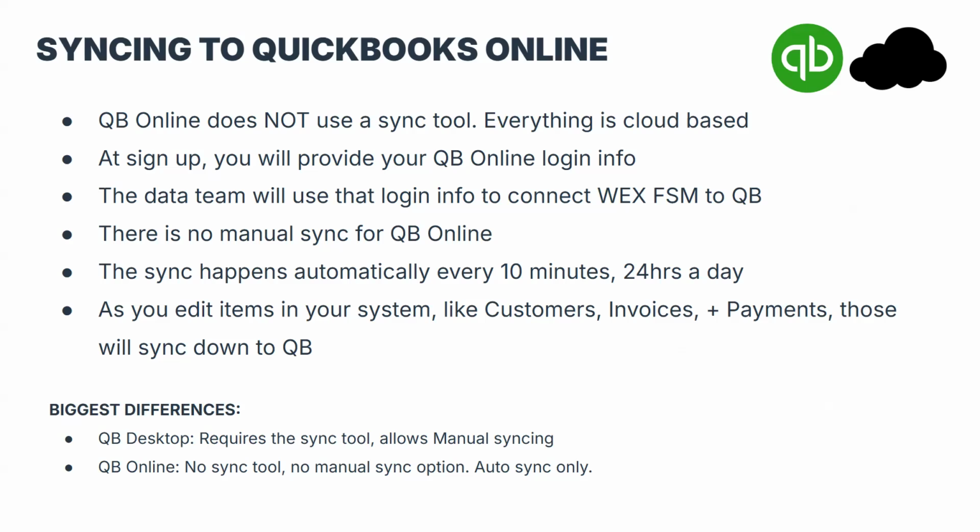So let's say that you are having a crazy busy day of updating customers. You could go in and update, let's say, 40 customers in 10 minutes, which is a lot. So I don't know who's doing that every day, but if you do happen to make 40 adjustments within 10 minutes, your system will recognize that those adjustments have been made, but it will only sync up to 30 at a time every 10 minutes.